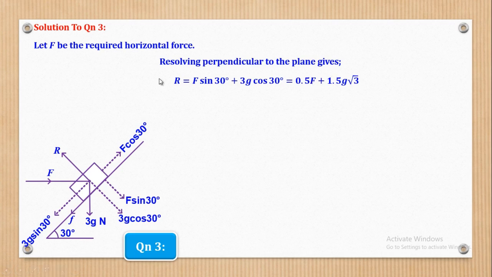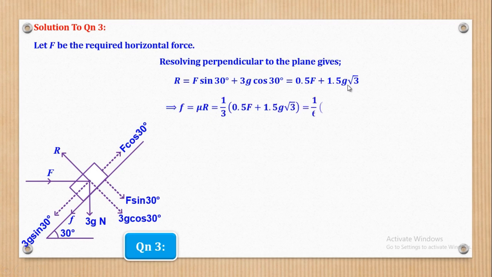Then you also realize that cos 30 is equal to root 3 over 2. Now root 3 over 2 times 3, a half times 3 will give you 1.5, multiplied by root 3 to give you 1.5g root 3. So this was a simplification of this. Therefore R is equal to 0.5 F plus 1.5g root 3.